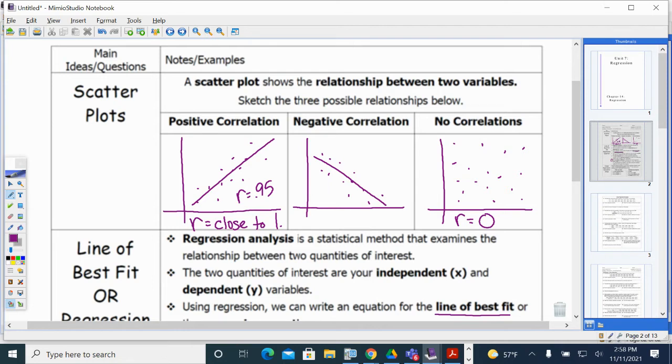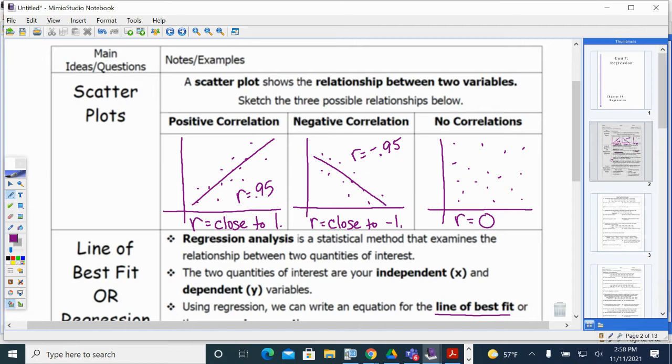For negative correlation, according to what I have drawn here, the correlation coefficient for this one is going to be close to -1. And again, I'm just going to guess and say this one might be something like -0.95. The further the dots are from each other, the further away from 1 or -1 we get.